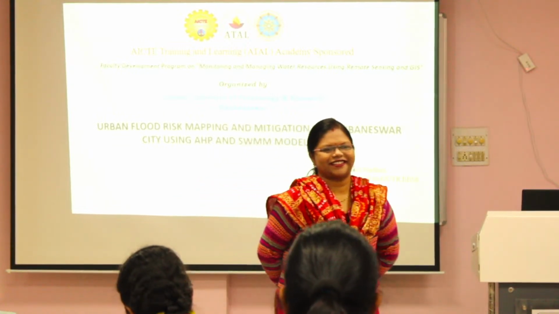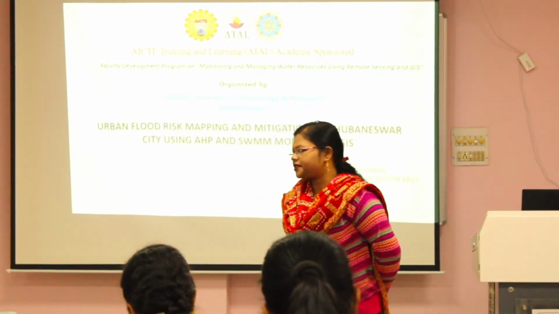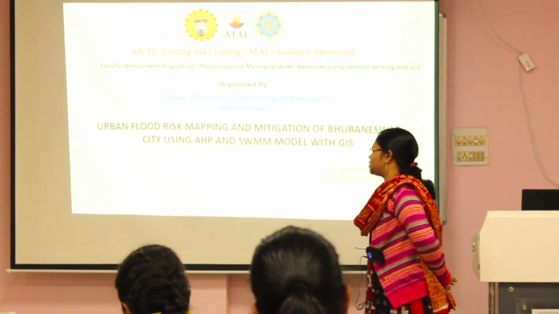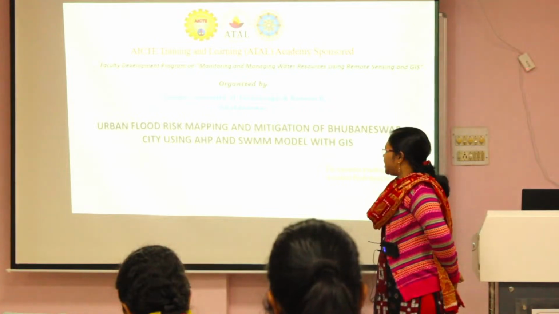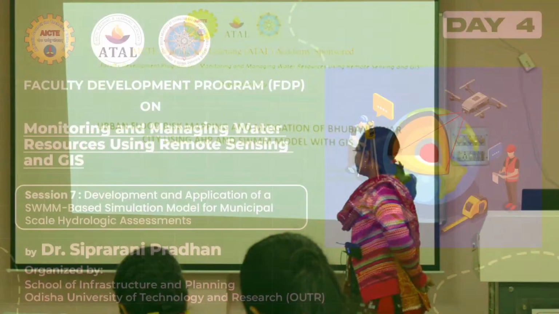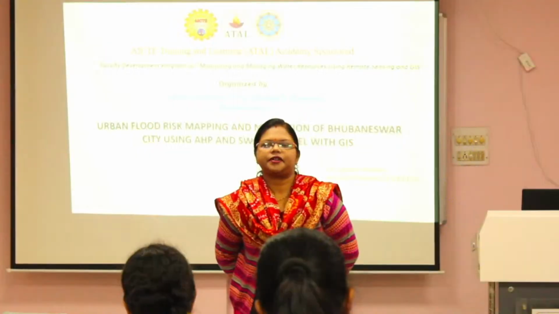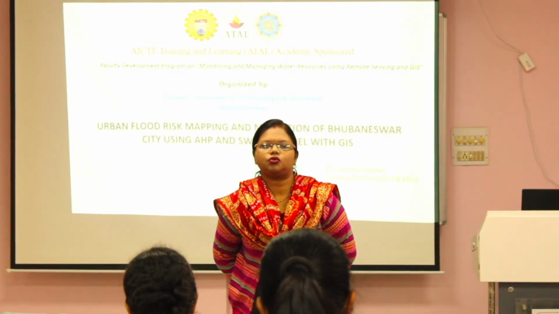Yes. So today my session is on urban flood risk mapping and mitigation of Bhubaneswar city using AHP and SWMM model with GIS. GIS is widely used as an interfacing mapping tool.